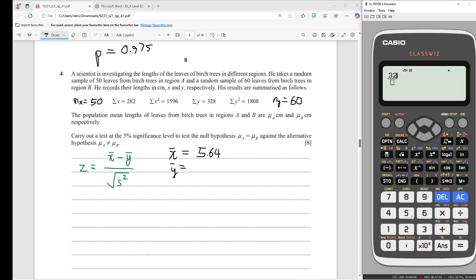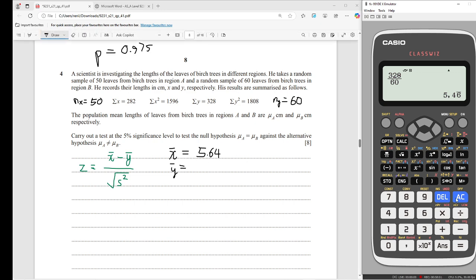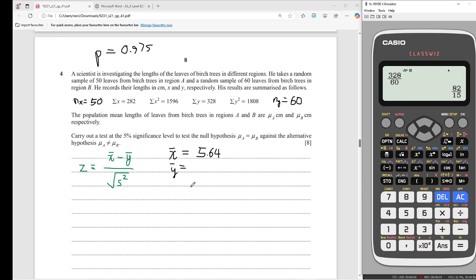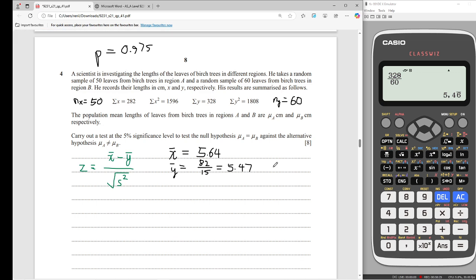Sum of y terms being 328 divided by 60. So that's going to be 82 by 15, which is 5.47 to 3 significant figures. Whatever it is, the sample mean of y is lesser than the sample mean of x, so we're not going to get a negative z value. Even if we did, it wouldn't matter.